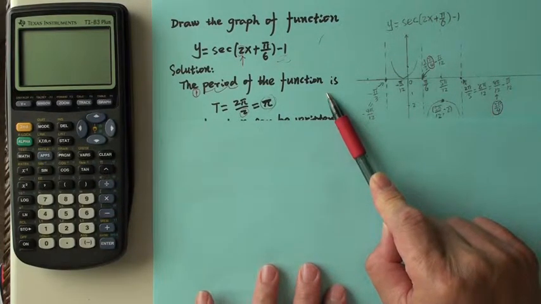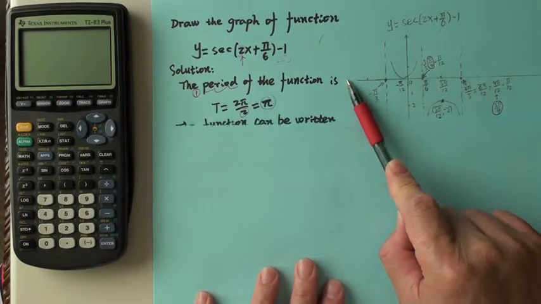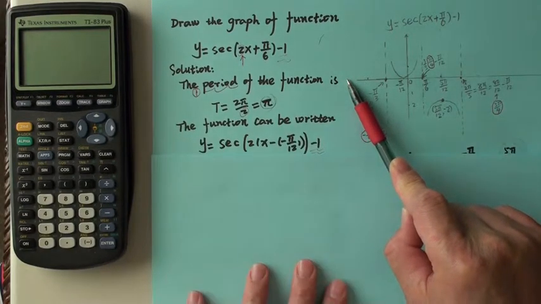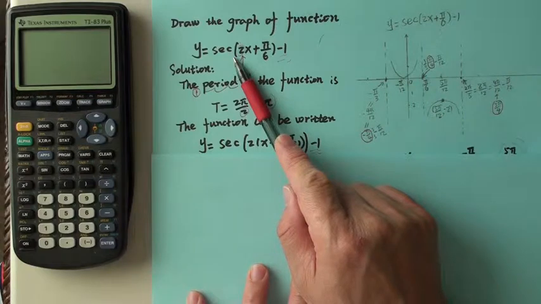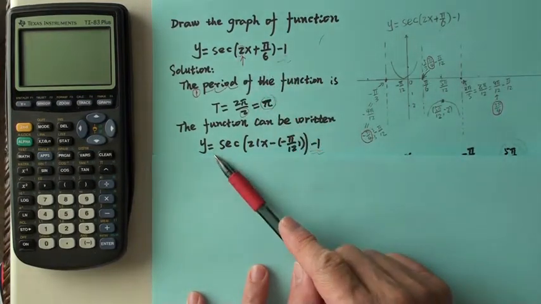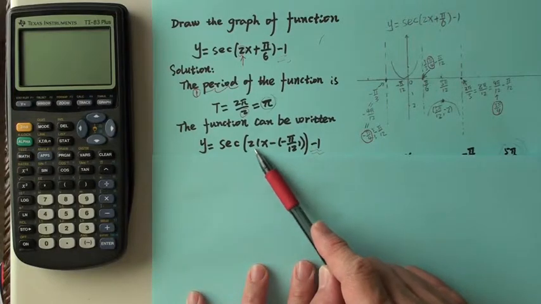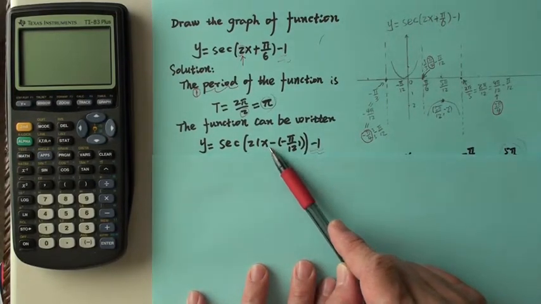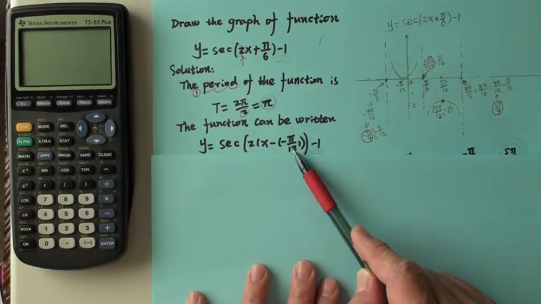Now the second thing is about phase shift. The above function secant (2x plus pi over 6) can be written as secant of 2 times the quantity x minus negative pi over 12.